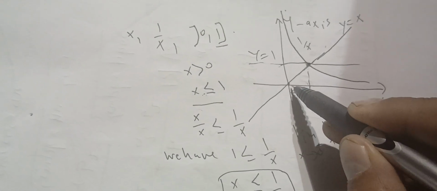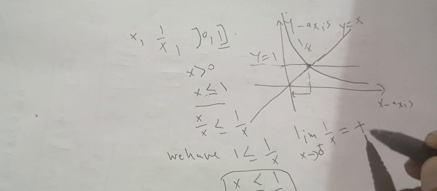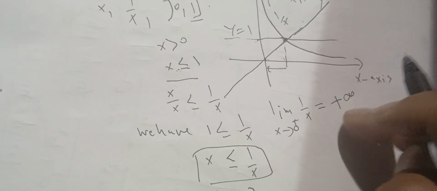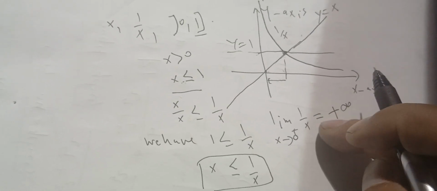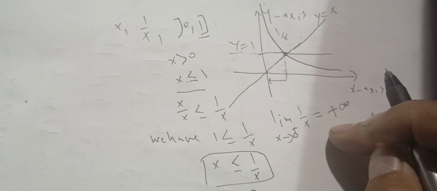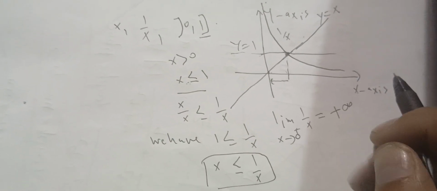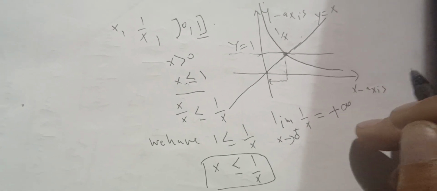As we get closer to 0 from this side, 1 over x is getting bigger and bigger. So we can express this as the limit of 1 over x equals plus infinity as x goes to 0 from the right. It means it's getting bigger and bigger.